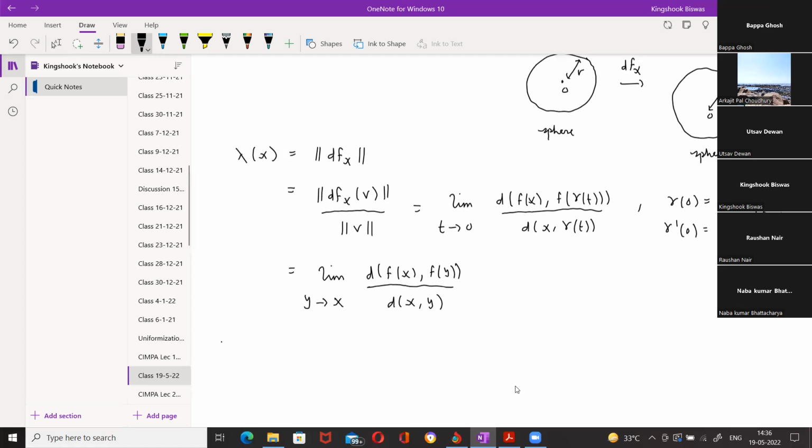So what we find is that f is conformal if and only if for all x, the limit as y tends to x of d(f x, f y) over d(x, y) exists and is positive and finite, right?